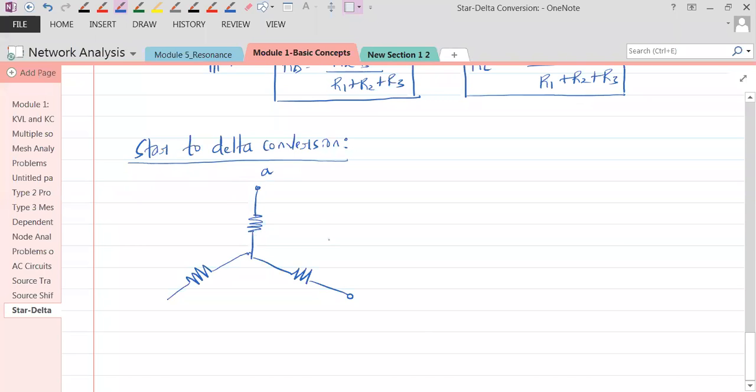So A, B, and C. If this is A, this is RA, this is RB, and this is RC. So star is given. We need to obtain a delta. See, we need to obtain this.